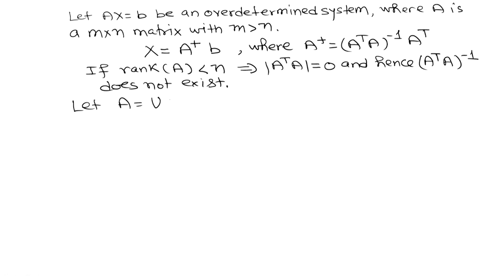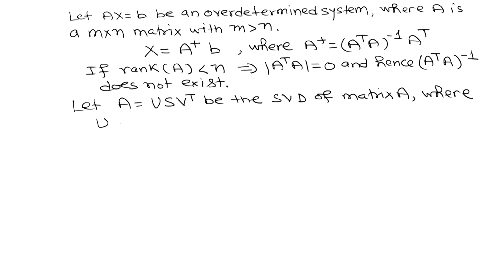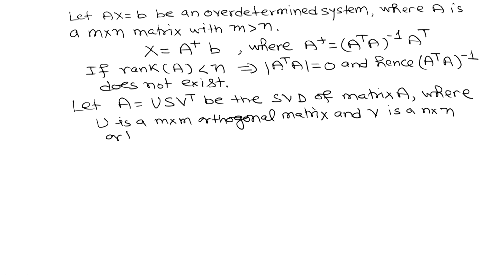So, let A equals to U S V transpose be the singular value decomposition of matrix A. Where U is a m by m orthogonal matrix and V is a n by n orthogonal matrix.